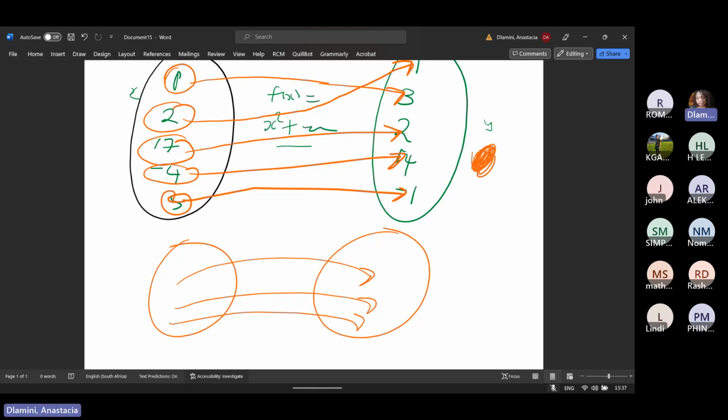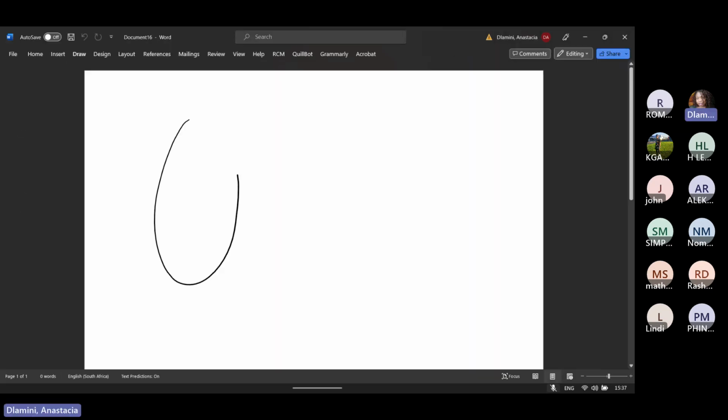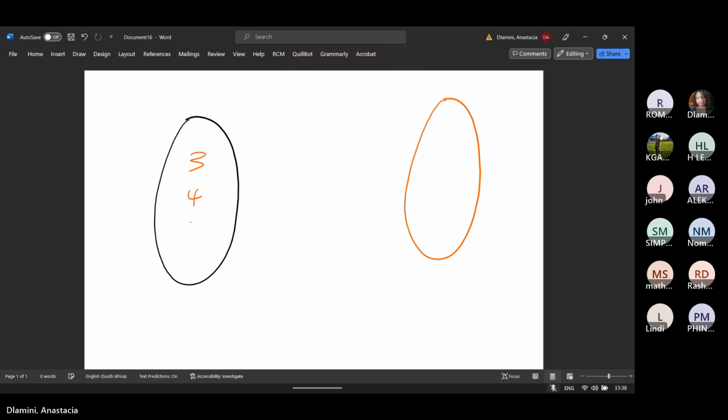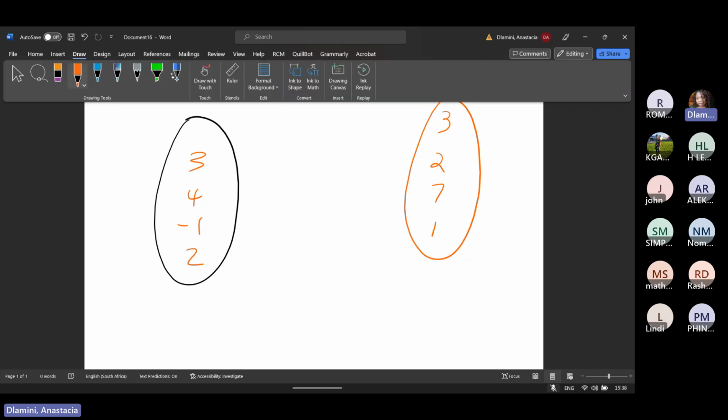But if it happens, someone from the first discussion class will tell me the exact function which is not a one-to-one. If we have x values, let's say 3 and 4, maybe -1 and 2, and then we have the y values 3, 2, 7, and 1.